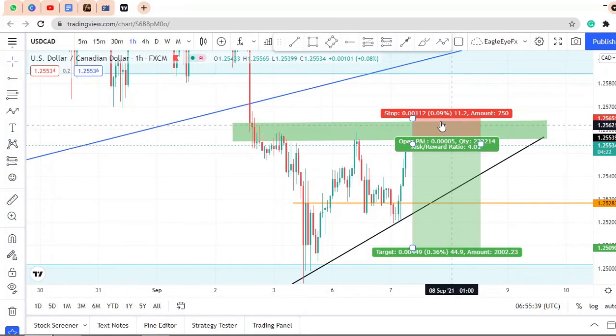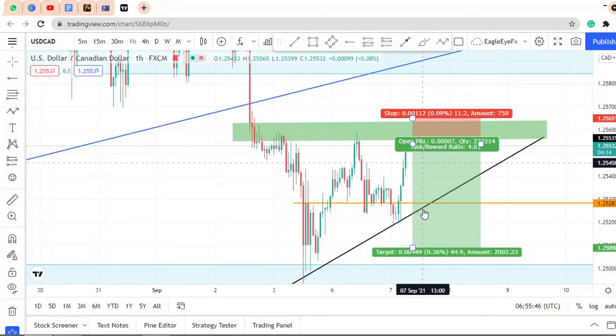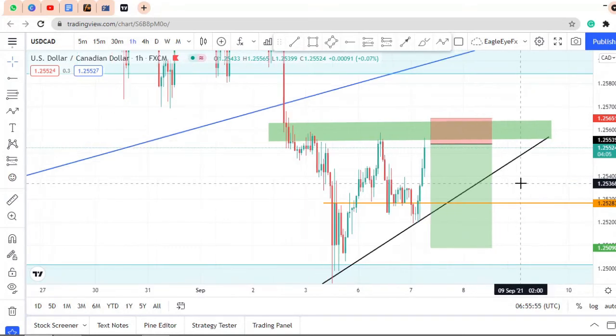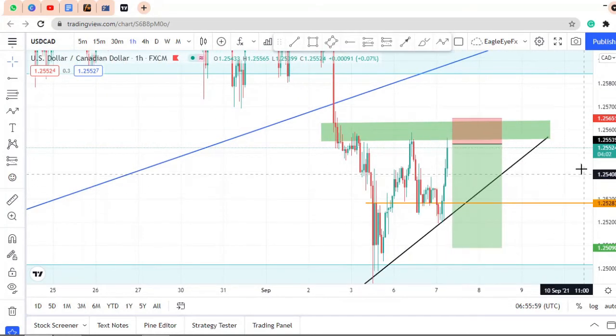So if you're risking $100, then you can make 400. If you're risking $50, then if it goes this direction, you can make almost $200. And if you are risking $500, then you can make $2,000 if that's what your risk to reward is. So that's beautiful on USDCAD.